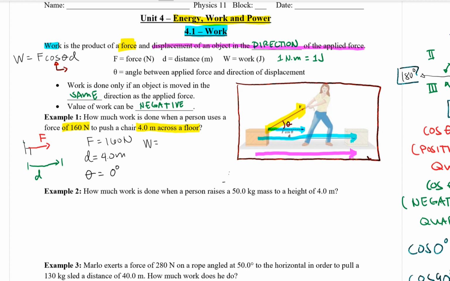Work done is F cosine theta D. So you have 160 cosine of 0 degrees times 4.0. Cosine of 0 is not 0, it's 1.